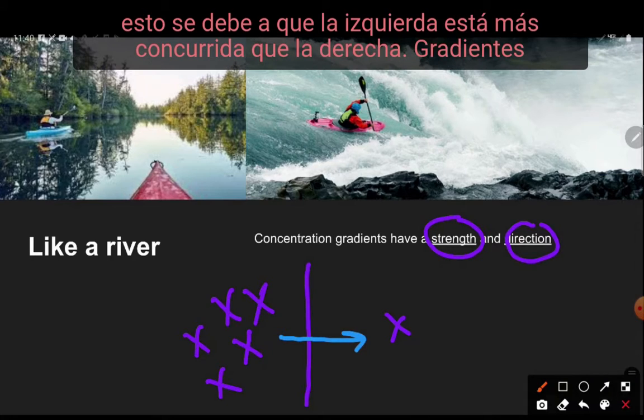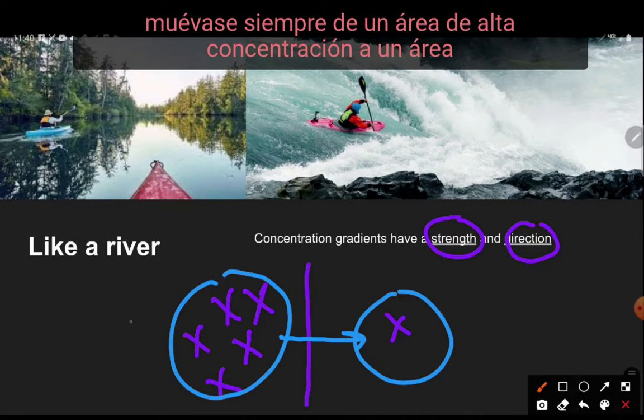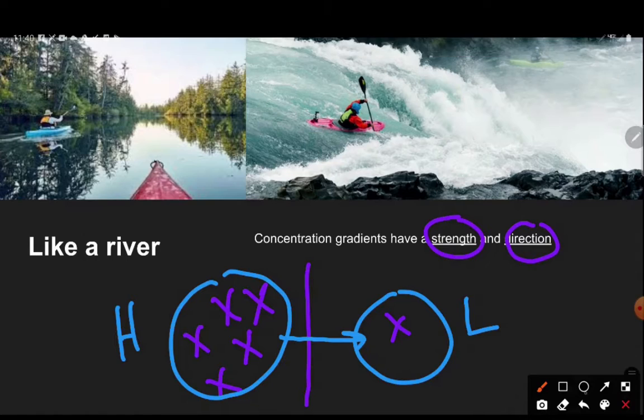This is because the left is more crowded than the right. Gradients always move from an area of high concentration to an area of low concentration.